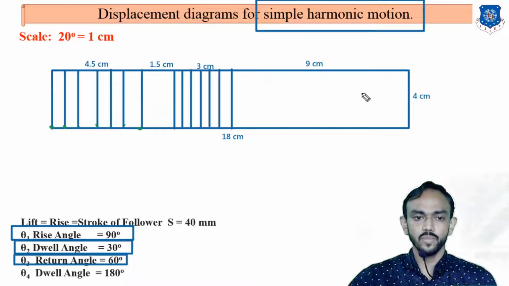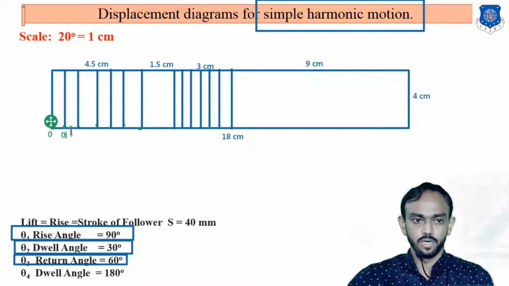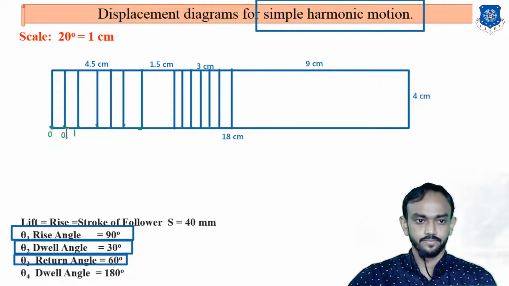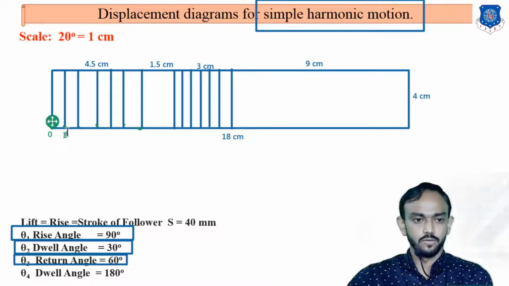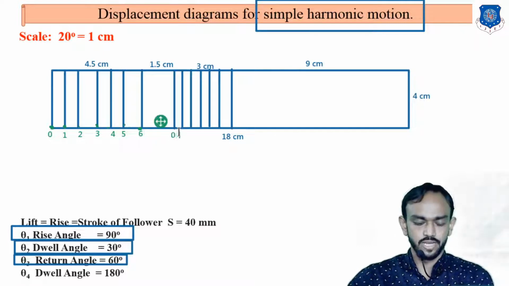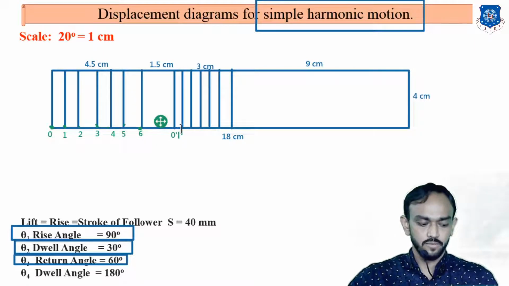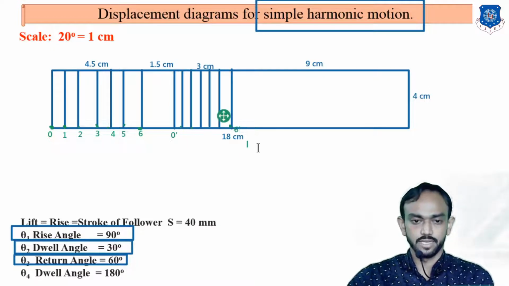Same as here, 0 dash, 1, 2, 3, 4, 5 and then 6. It will be very near because these points are very near, so I am giving the last point directly here. This point is 6 dash.